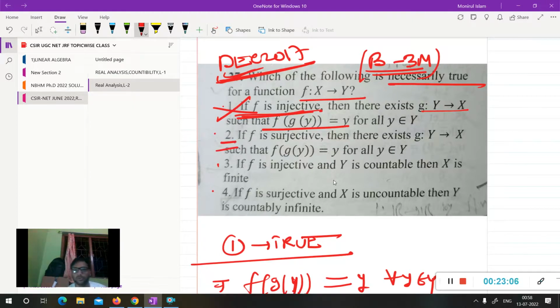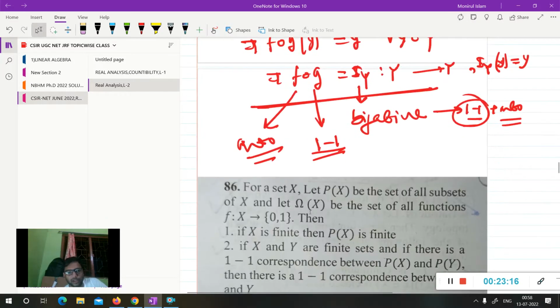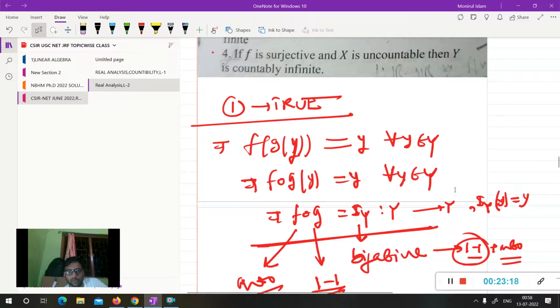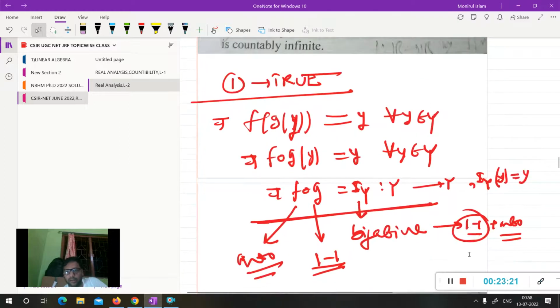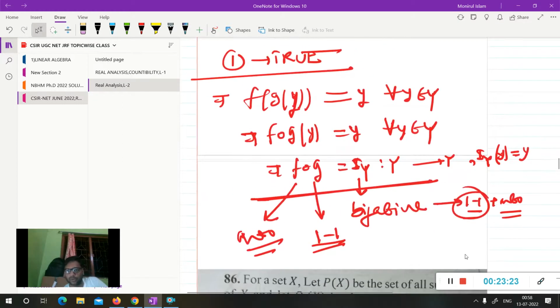It's saying if f is surjective and g is a mapping from Y to X, f compose g of y equals y. Okay, this also we are going to verify as a cross check. If f of g equals identity on Y, from a similar condition, this gives f compose g is the identity mapping. If the identity mapping is bijective, then it is onto also. If it is onto, then the first part, f, is onto.